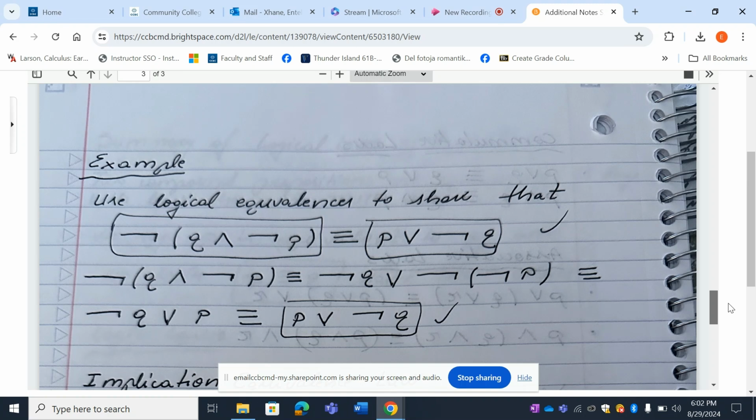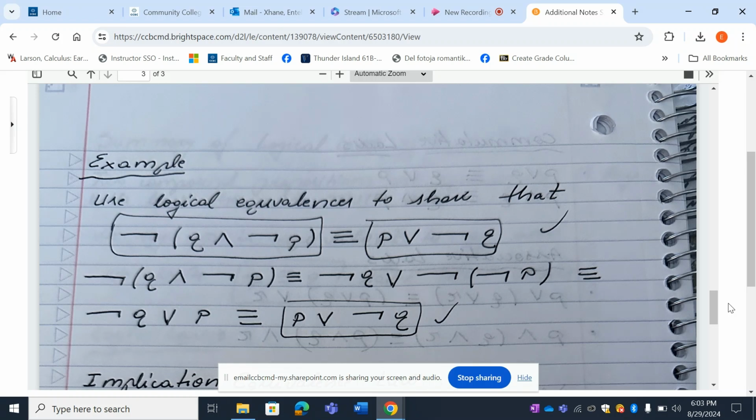So let's prove that negating the quantity Q and not P is equivalent to P or negating Q. Without using the truth table, I'm going to stick with the laws of equivalency, and the laws of equivalency will allow us, step by step, to show that these two sides are equivalent to each other. So let's start off with the left-hand side.